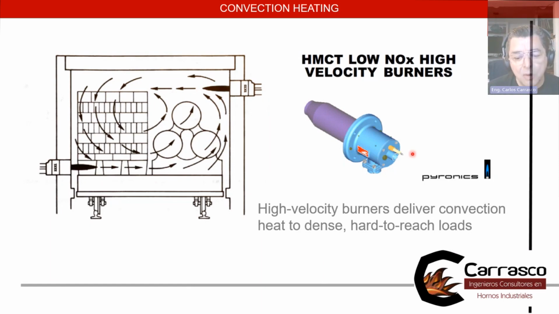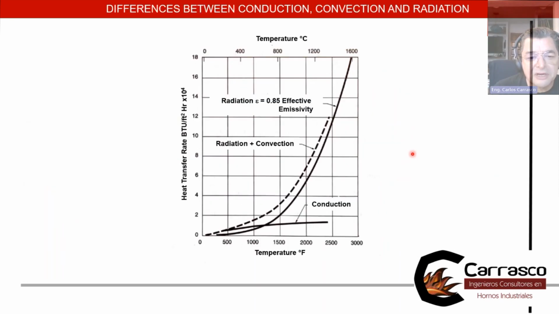So it is always important to understand what process you want, what's your material, what's your requirement. So be careful when you do that, because every single day we see that the furnace was not properly selected.